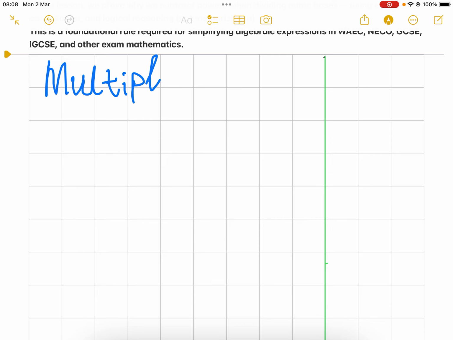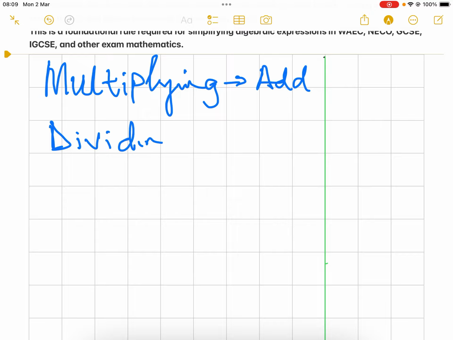When multiplying indices or powers, add the indices.